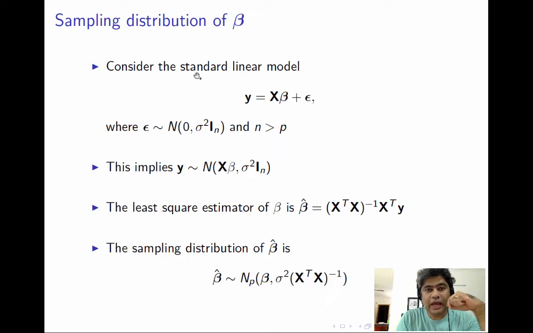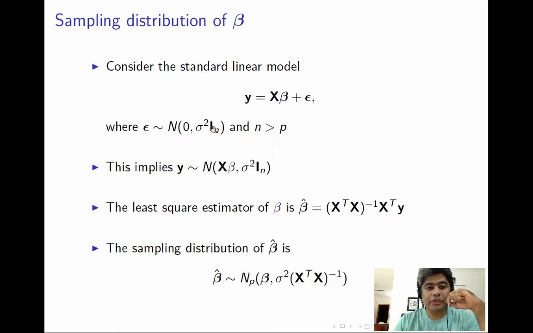Consider a standard linear regression model y = x beta + epsilon, where epsilon follows normal(0, sigma square I_n), where n, the sample size, is greater than p. P is the number of features. So the number of instances in your data set is greater than the number of features that you have in the data set.